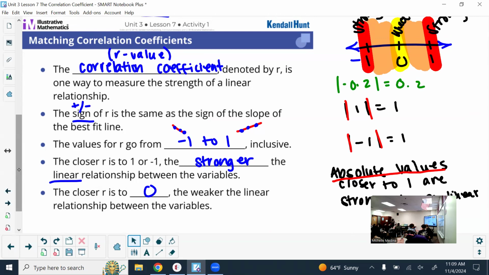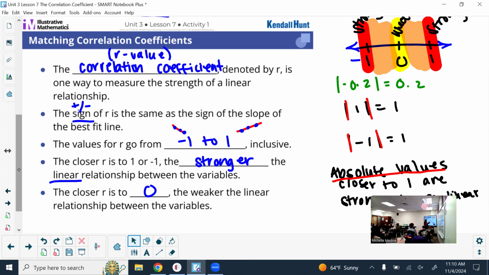Those are the ways that we describe them. Do not confuse R values with residuals. Those are completely different, okay? R values, correlation coefficients, tell you how strong of a relationship there is between some data. We know that if it's closer to -1 or 1, it is stronger. I know that can be confusing for some people.